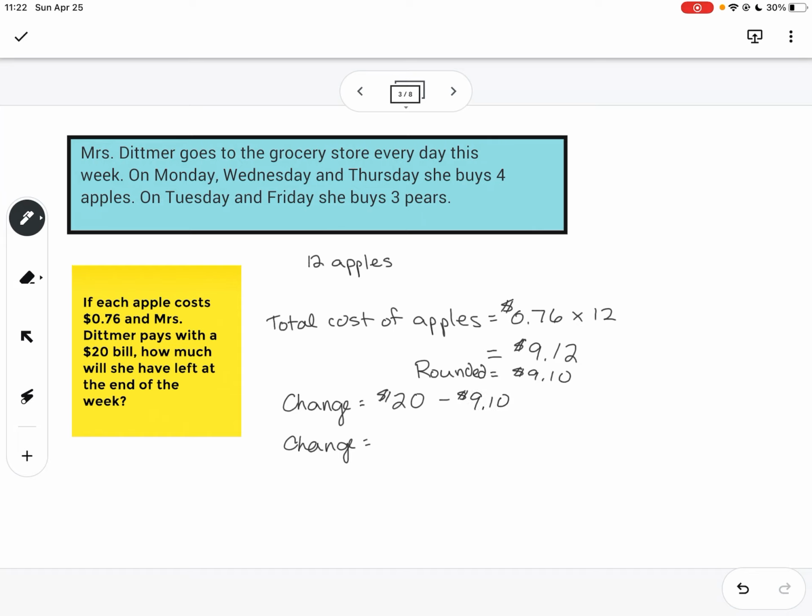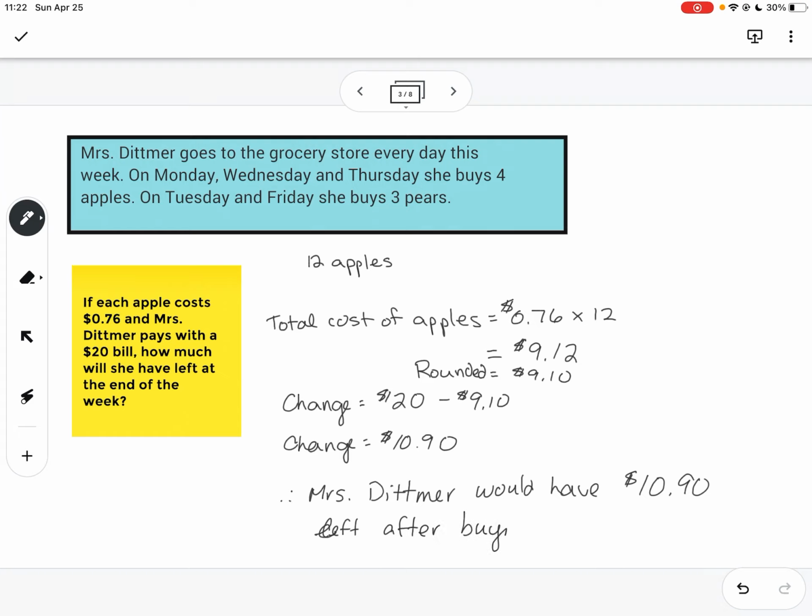So in order to figure out my change, I would do $20 take away $9.10. So let's see. So $10.90 would be my change. So therefore, Mrs. Dittmer would have $10.90 left after buying the apples.